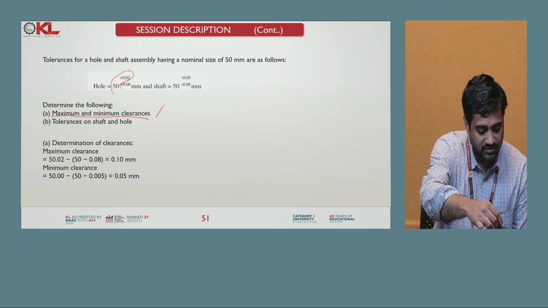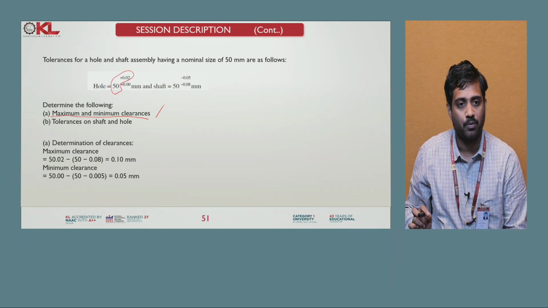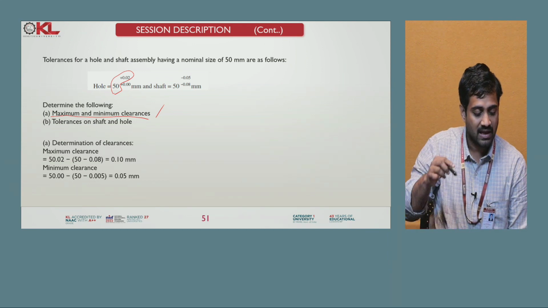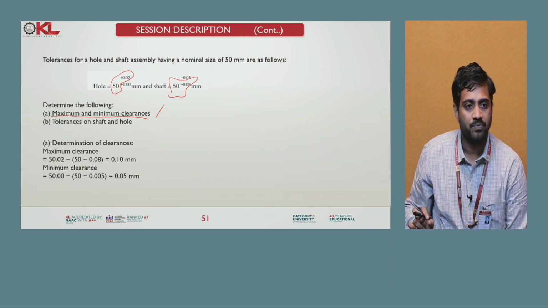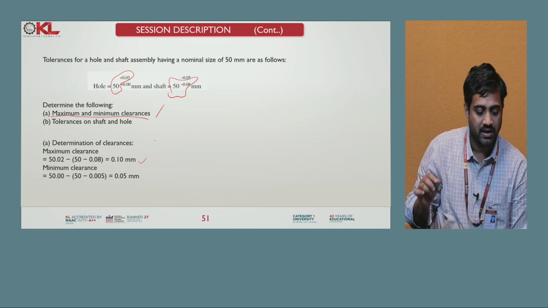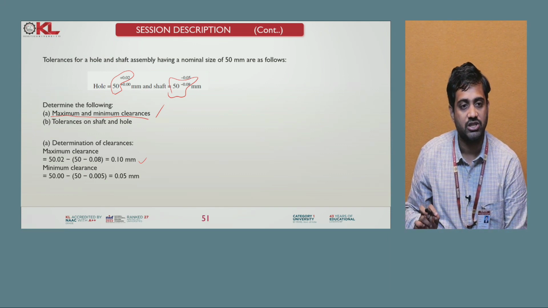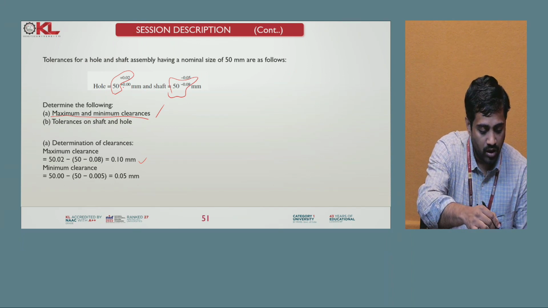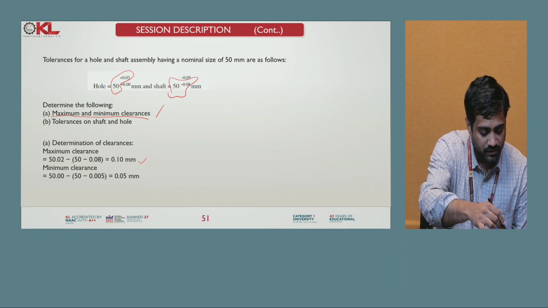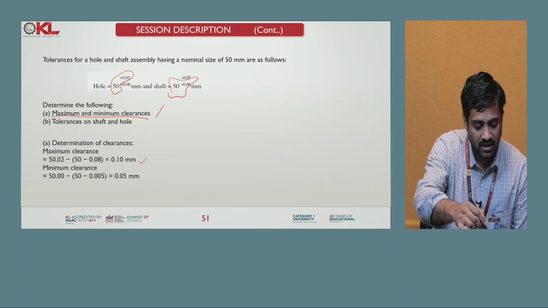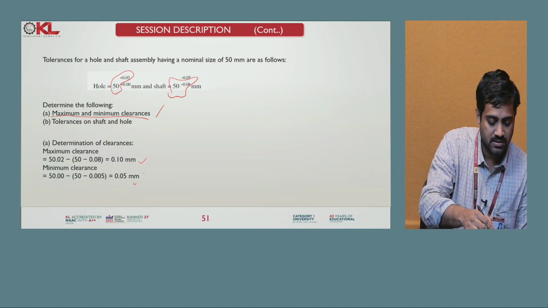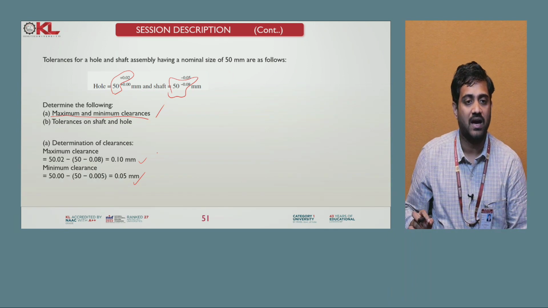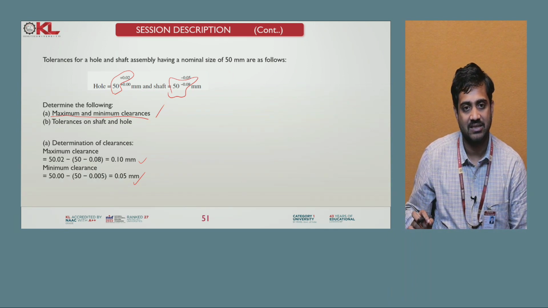The maximum clearance will be, on the hole, 50 plus 0.02, which is 50.02, minus 50 minus 0.02 of the shaft. This will give you the maximum clearance, that is 0.10 mm. The minimum clearance will be, from the hole, 50 plus 0.00, it's 50, minus 50 minus 0.005. So 0.05 mm is the minimum clearance.